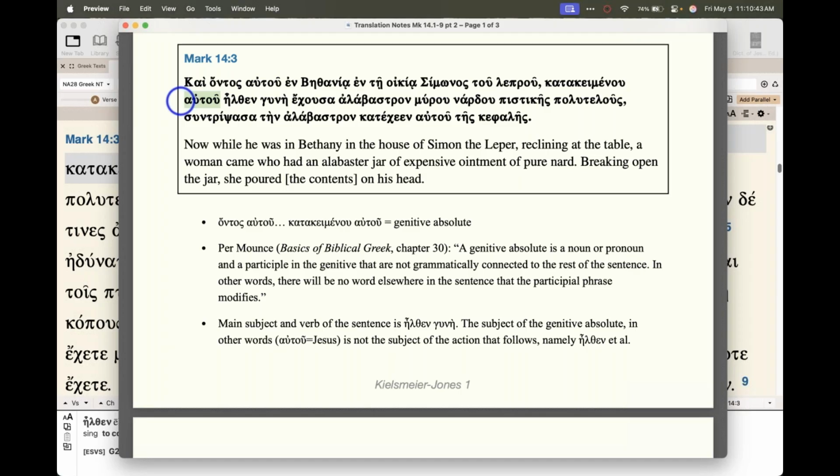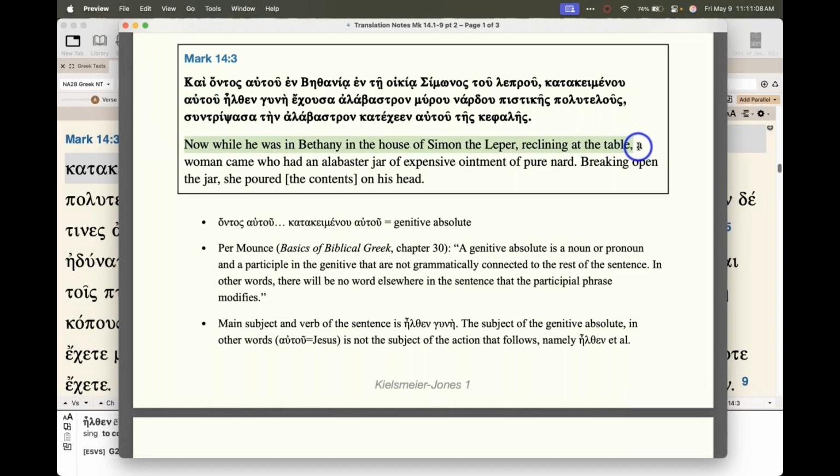So it's a genitive absolute. And we translate it as if it's just its own indicative phrase. Here, in this case, it is modifying, if not a pure grammatical connection, what's happening and when and where. So now, while he was in Bethany, in the house of Simon the leper, reclining at the table. So that's all the double genitive absolute there.